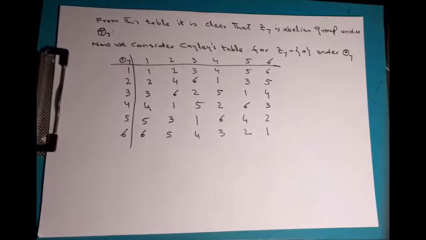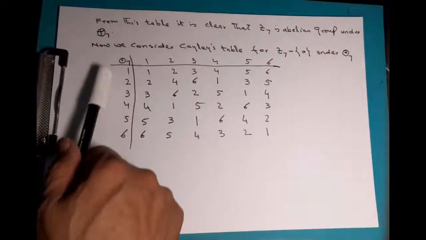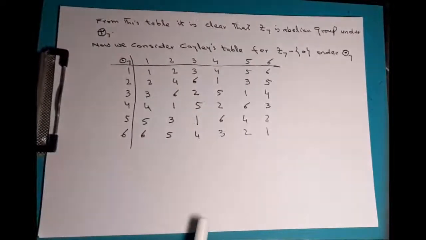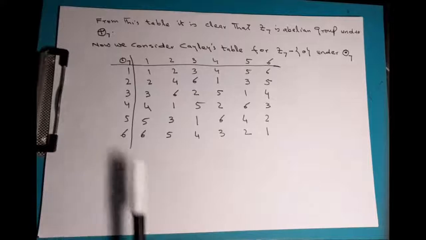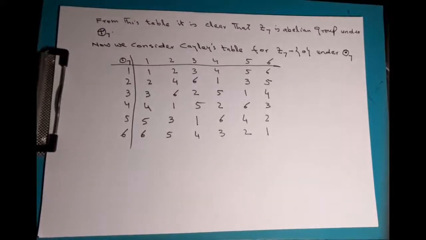This table shows that Z7 minus 0 is closed under binary operation multiplication modulo 7. 1 is the multiplicative identity, and you can see that inverse of each element exists. Associative law can be checked by inspection.